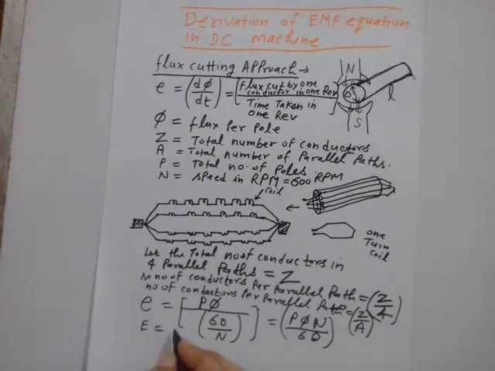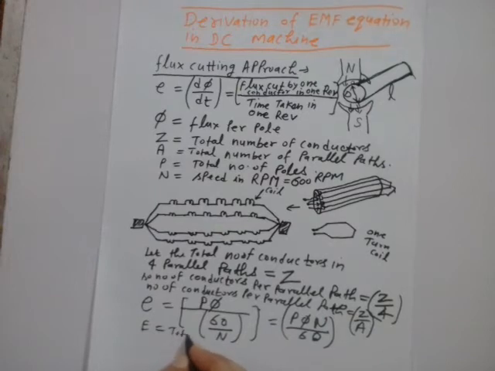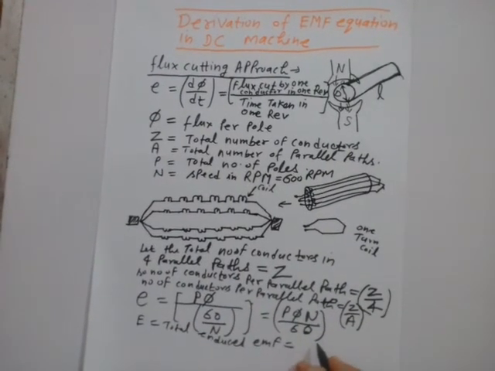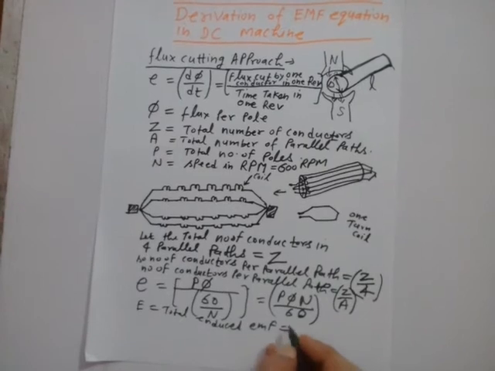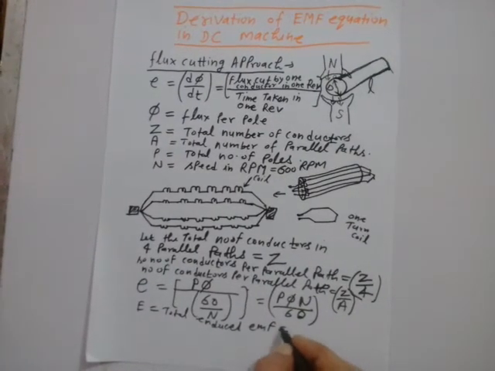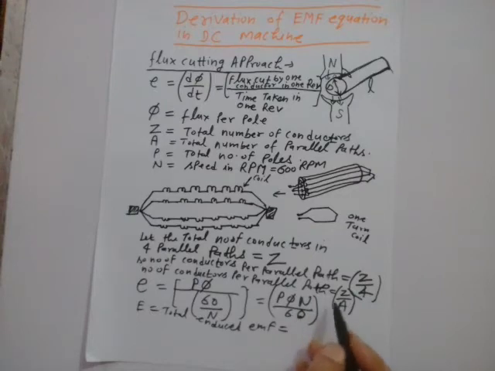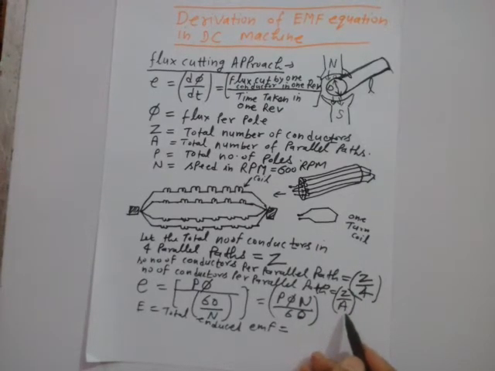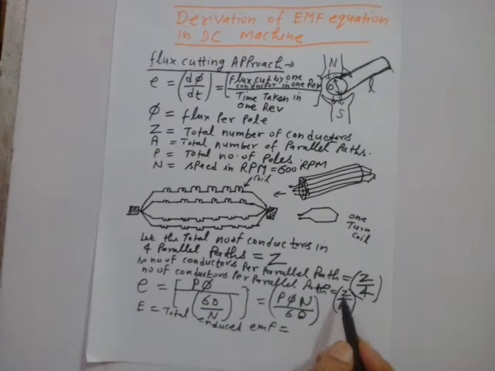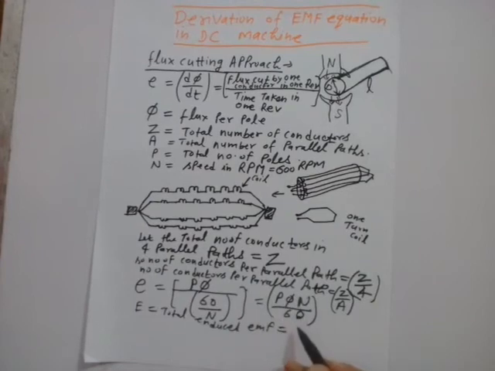So the total induced EMF will be the induced EMF in one parallel path, which is the total number of conductors in one parallel path into the induced EMF by one conductor.